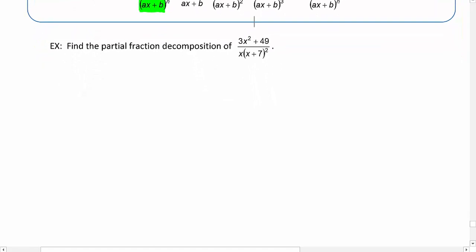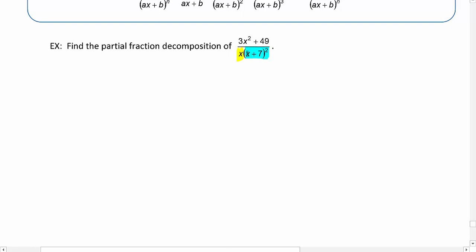We want to find the partial fraction decomposition of 3x squared plus 49 over x times x plus 7 squared. This example is actually a combination of case 1 and case 2. We have a linear factor x that does not repeat, and then we have a linear factor of x plus 7 that does repeat.